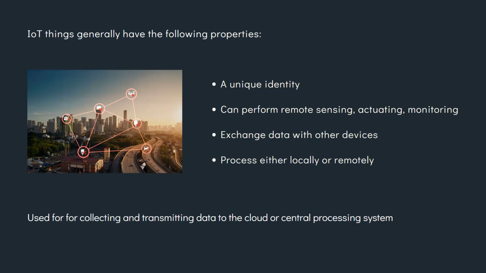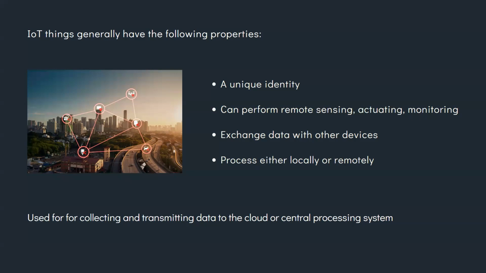They can perform some actions at the edge, right? So at the device level, they can perform some functions like, for example, actuating, which means turning on a motor, turning on a valve, and so on. And they can monitor their environment.